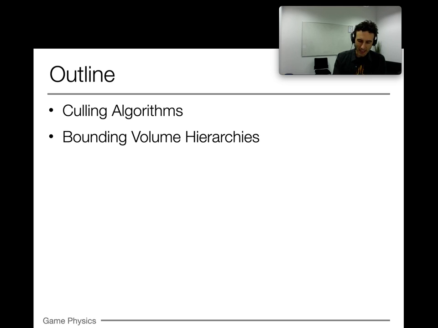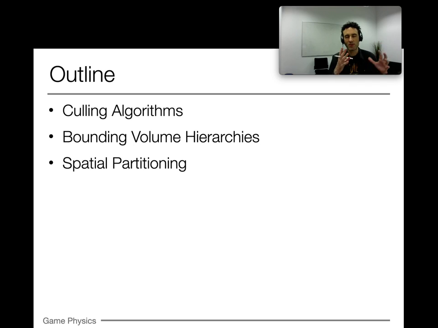And next week we'll then look at different spatial partitioning structures. The main difference is that so far we took a very object-centered view. We basically had our objects and then tried to fit bounding volumes or split them up based on the objects themselves.